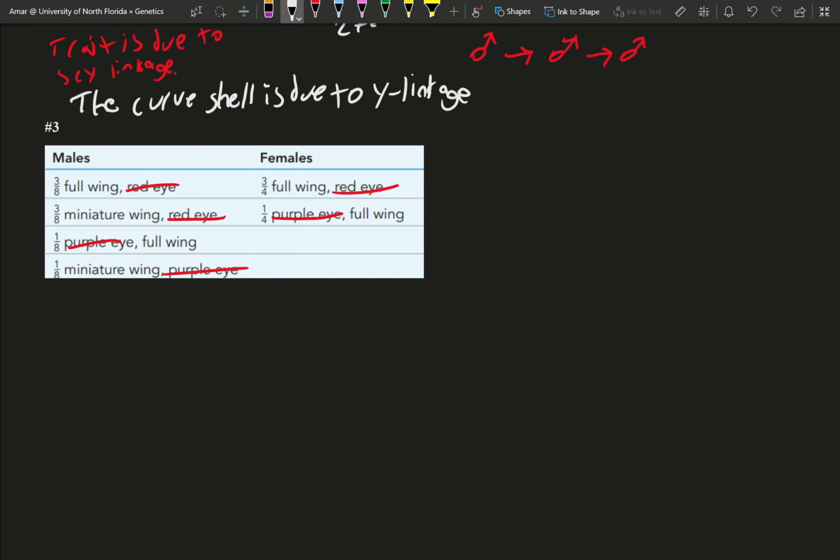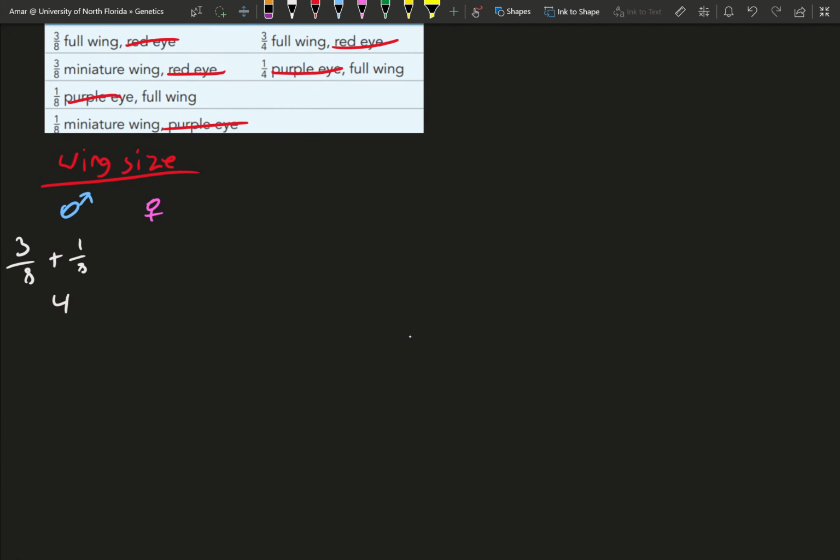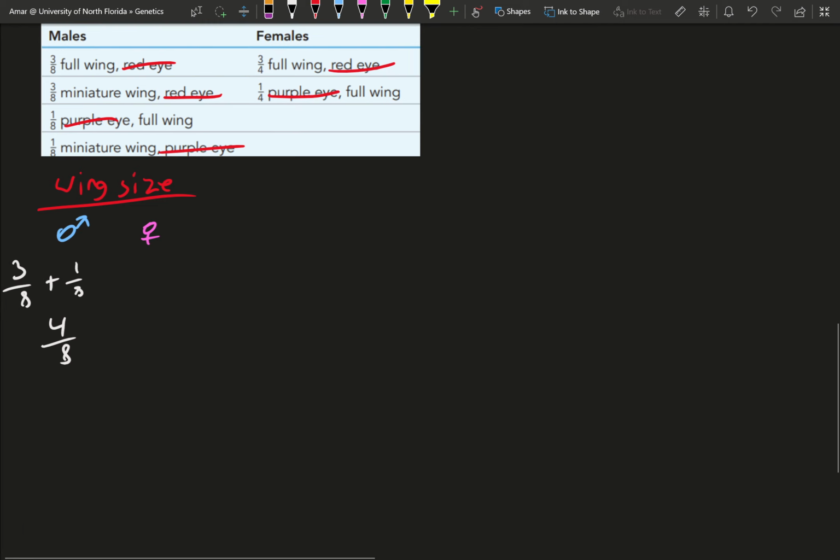So what we have here is 3/8, and we're going to separate these out over here. The males, females. So we have 3/8 male full wing plus 1/8. So basically 4/8 males are full winged.